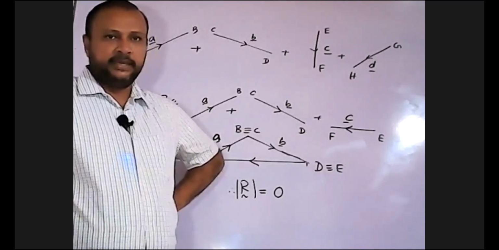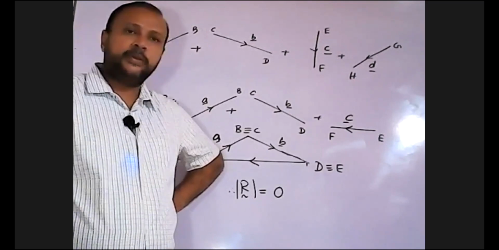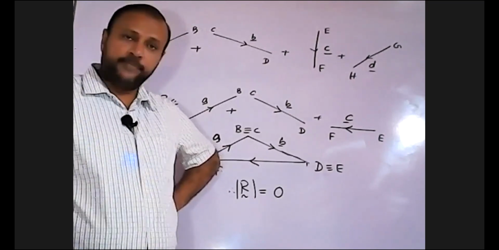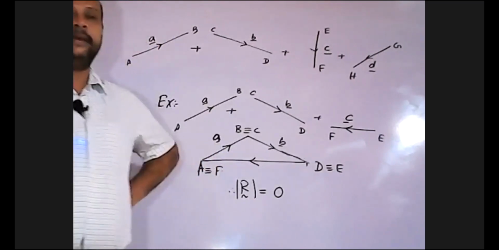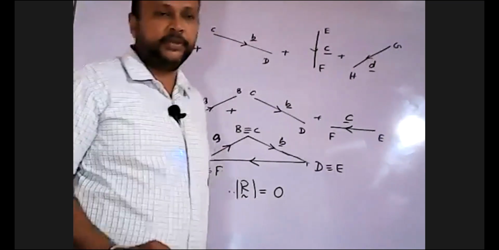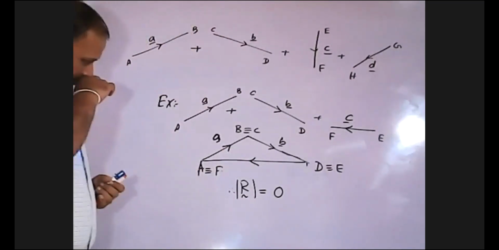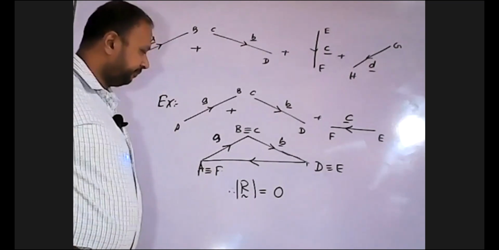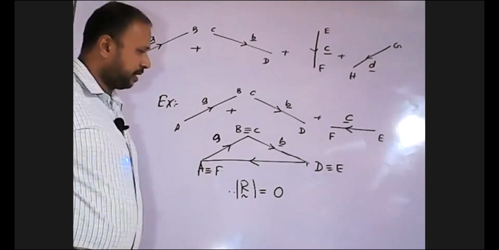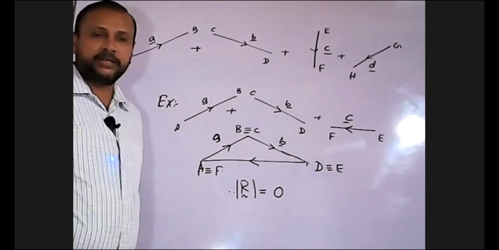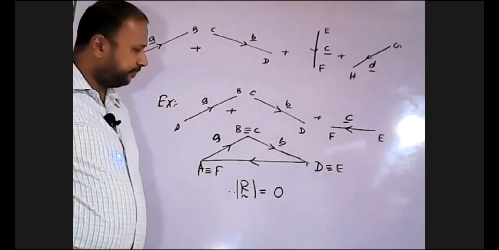Okay. So if you have any closed loops, then you can consider the resultant vector of that closed loop is 0. This is a closed loop.